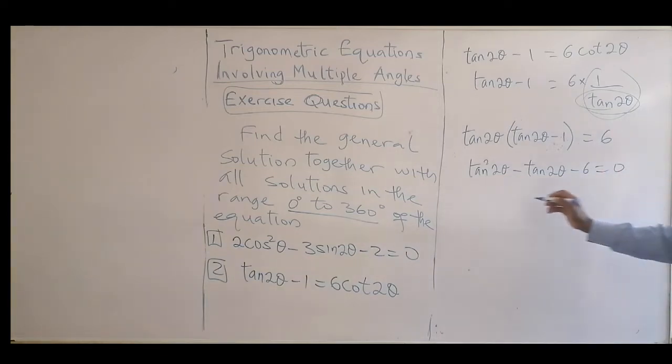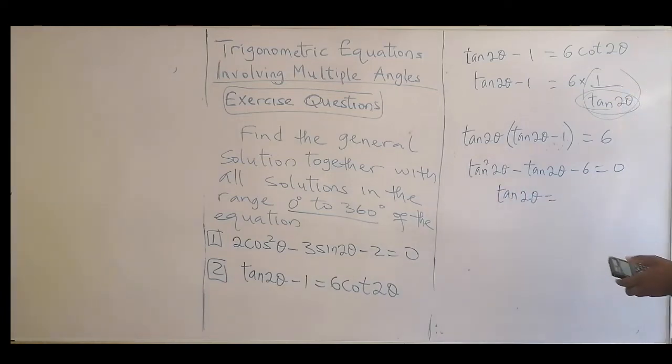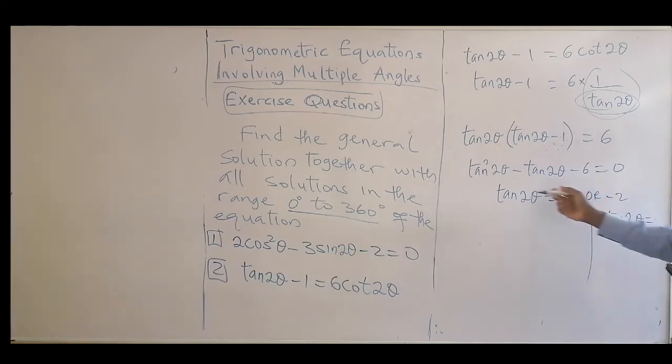So tan 2 theta will be equal to, punch your calculator, 3 or minus 2. So we have tan 2 theta equal to 3 or minus 2.